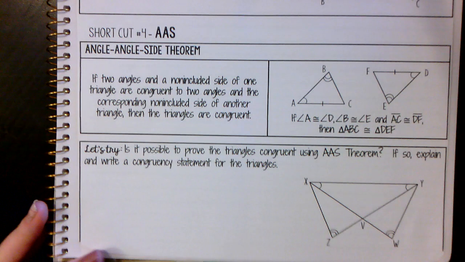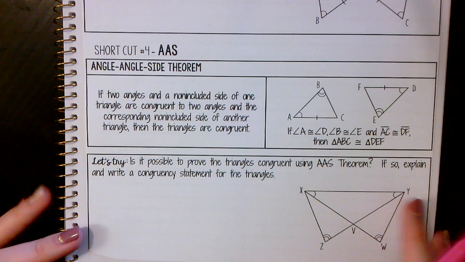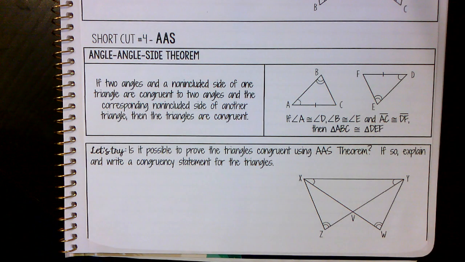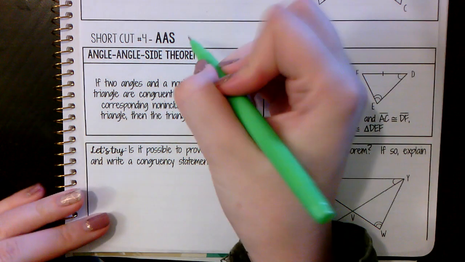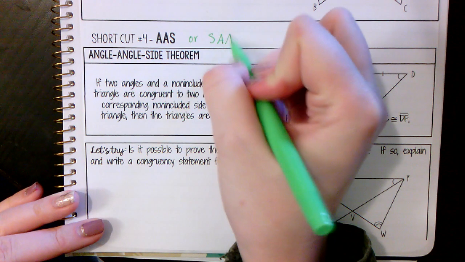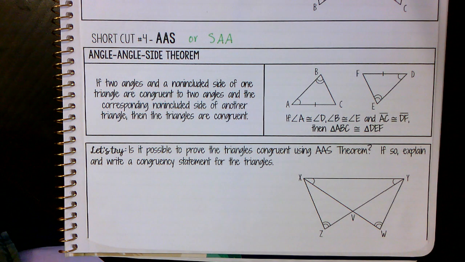Next shortcut, we've only got two more. I know this is a long video of notes, but I want to get through all these congruence postulates. We have angle, angle, side, or as I like to say, side, angle, angle. If the two angles and a non-included side of the triangle are congruent to two angles and a non-included side of another triangle, then they're congruent.